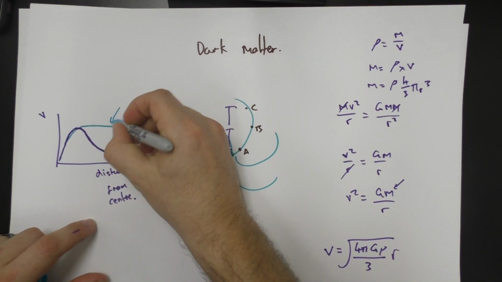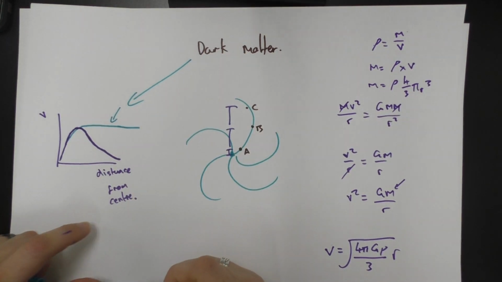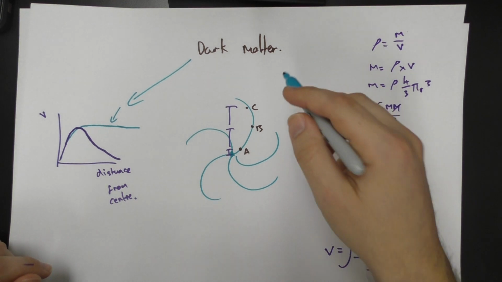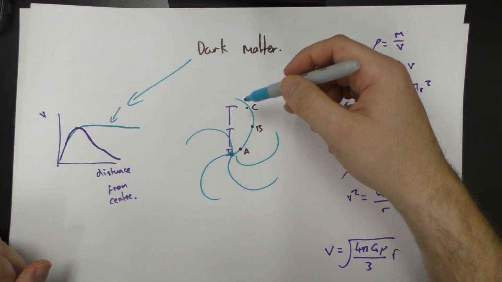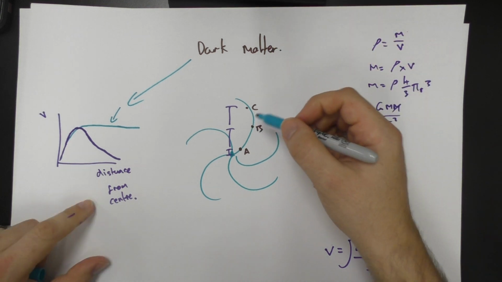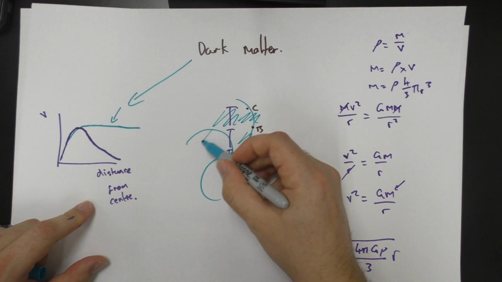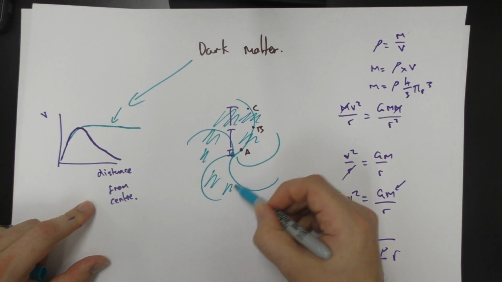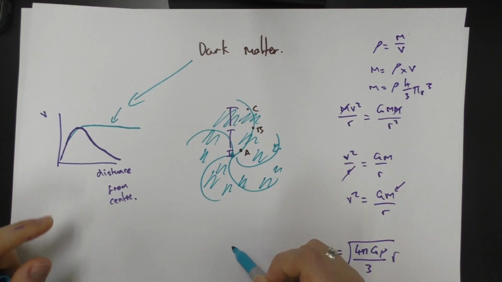And how we explain this, well, you get it, dark matter. Because dark matter means that there is mass that is not just tied up in stars.